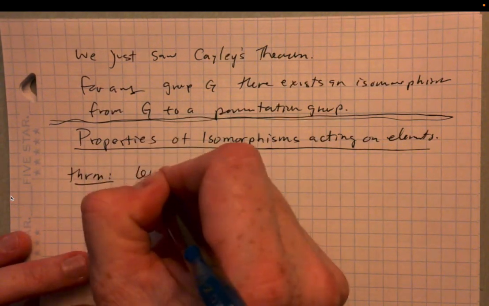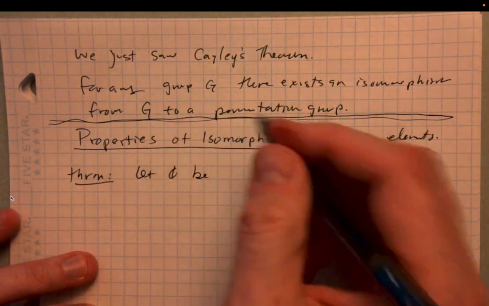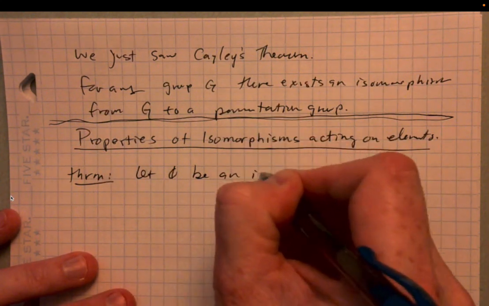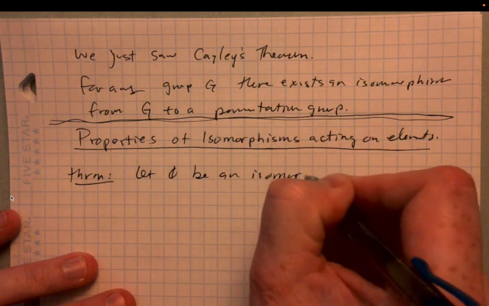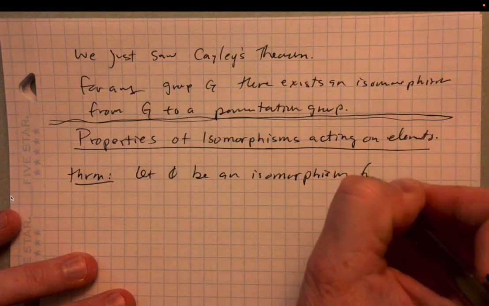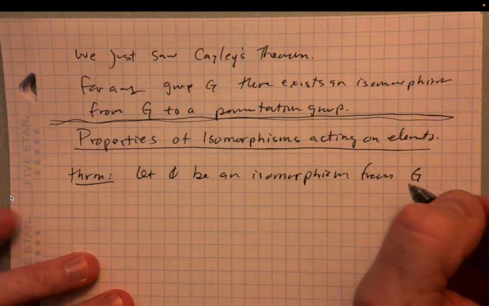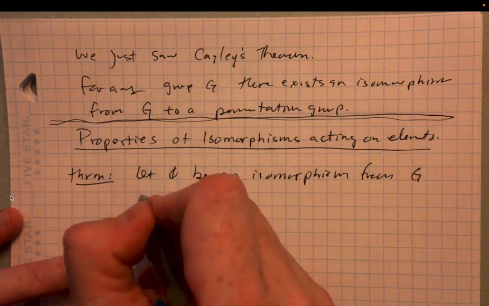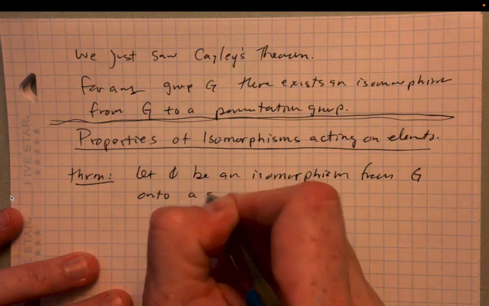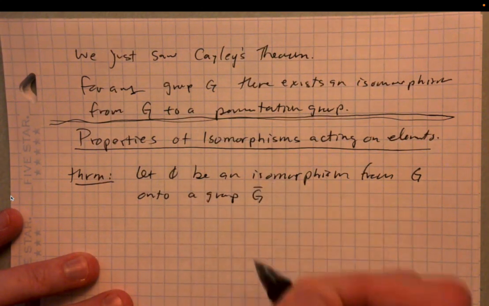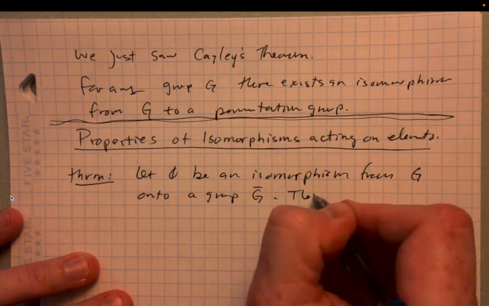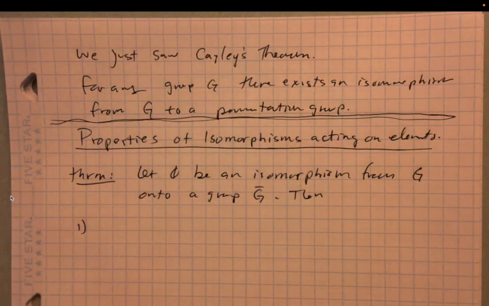So we're going to let phi be an isomorphism from G onto a group G bar. Then we've got 5 key properties here.